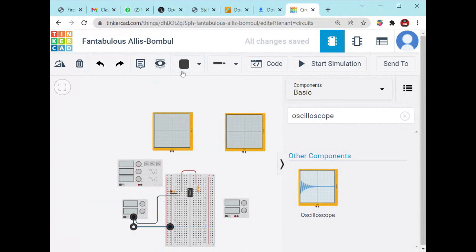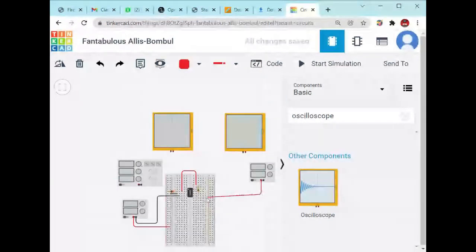Change the color to red. So here is your positive, and this is your negative connection. The negative should be black.